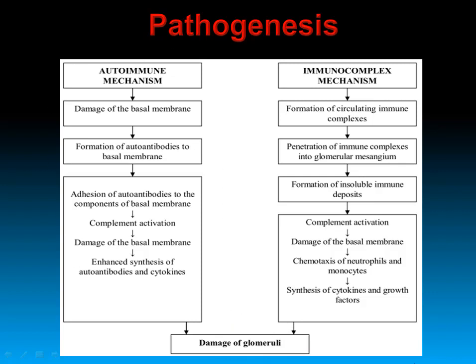If you remember immunopathology well, you can understand that the autoimmune mechanism is mostly a hypersensitivity reaction type 2, and the immunocomplex mechanism is mostly a hypersensitivity reaction type 3.